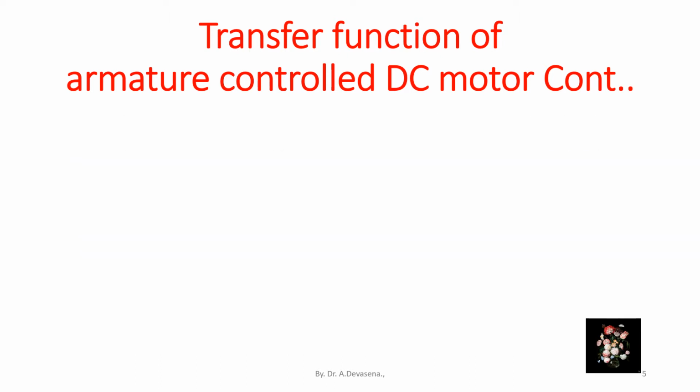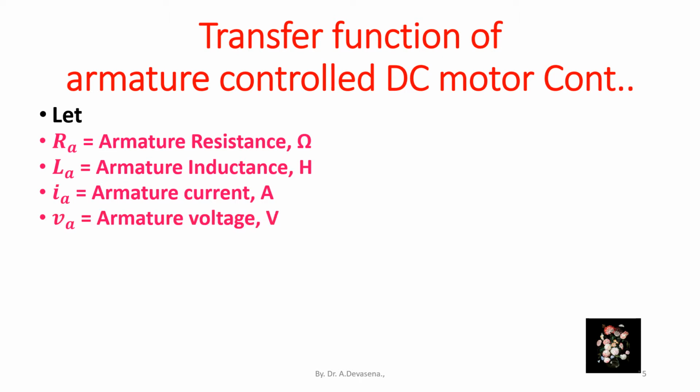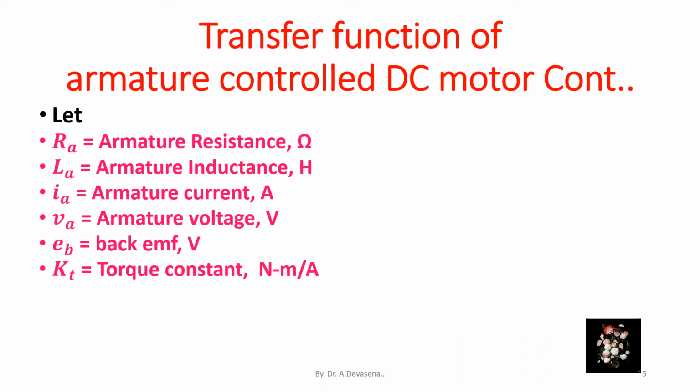Let R_A be the armature resistance in ohms. L_A is the armature inductance in henry. I_A is the armature current in amps. V_A is the armature voltage in volts. E_B is the back EMF in volts. K_T is the torque constant in newton meter per amp.